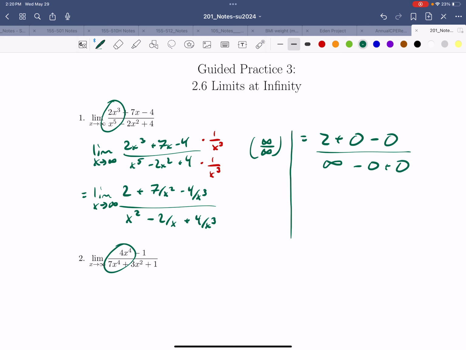Now, that's pretty lousy notation to just write infinity like that. Maybe I could just write big. Right? Big. So, the top is a constant, 2. The bottom is blowing up. So what happens? Your answer is 0 because your fraction is getting smaller and smaller.